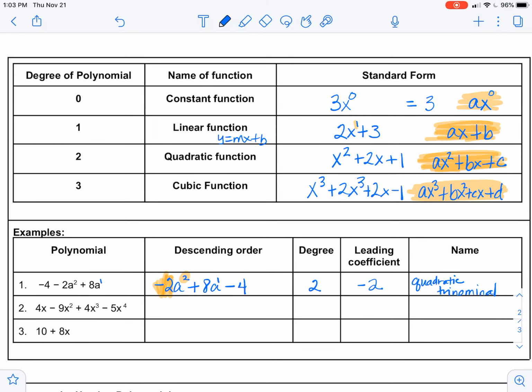So next one, descending order, my highest power is the 4. And then the 3. And then the 2. And this is what I said, take that sign with it. The 9 is negative. And then the 4x. Okay? So my highest degree is 4.